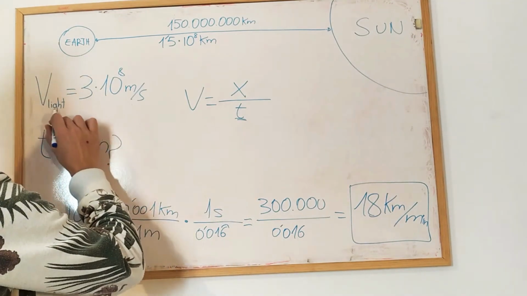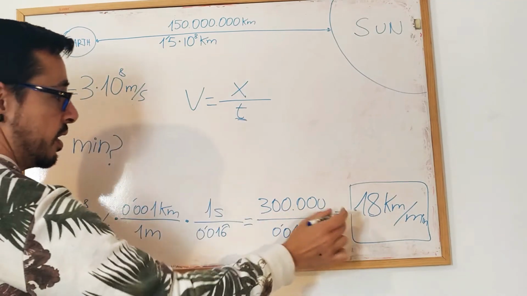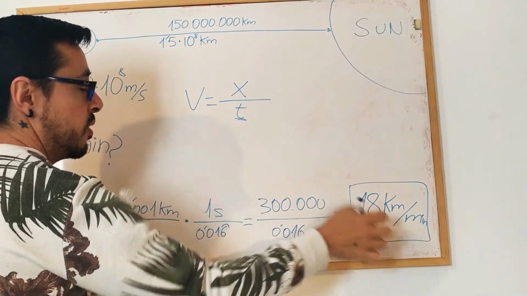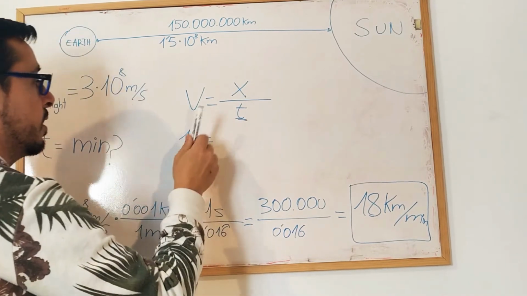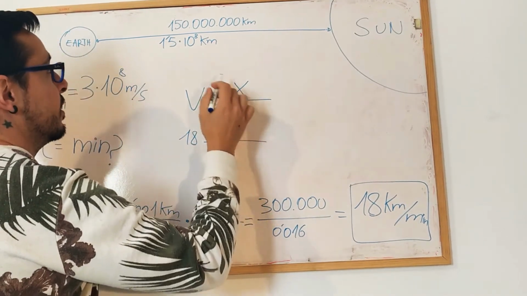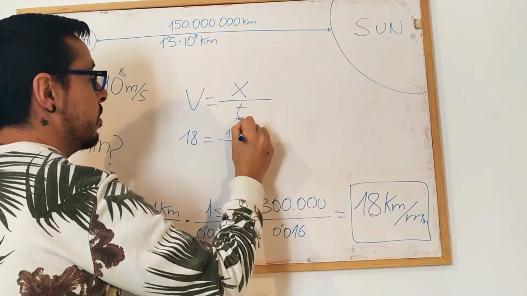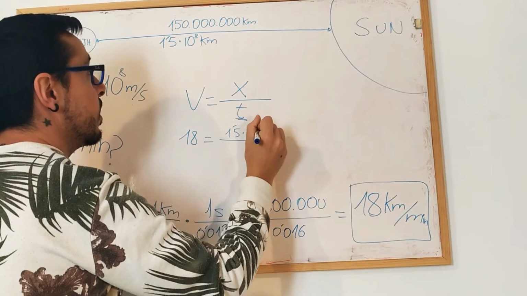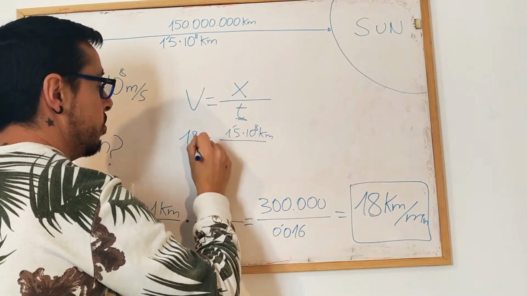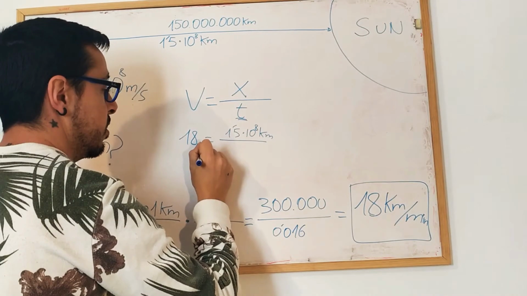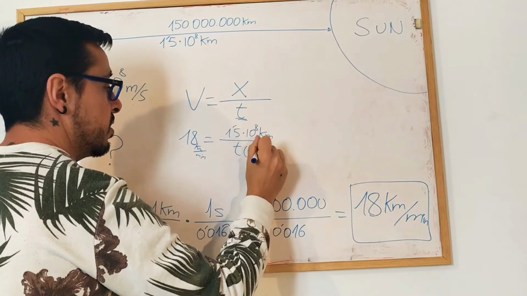So we know that the velocity of light is 18 kilometers per minute, and that the distance is 1.5 times 10 raised to 8 kilometers. This is kilometers per minute, and here we are going to get time in minutes.